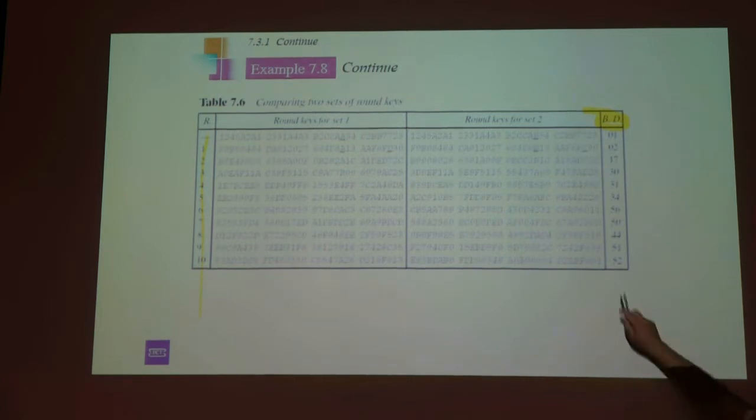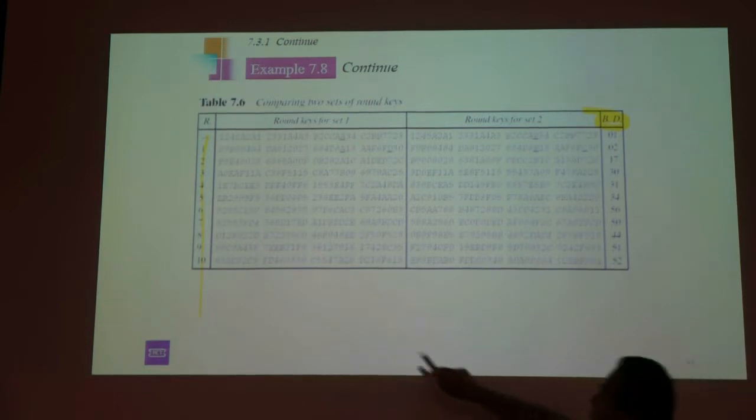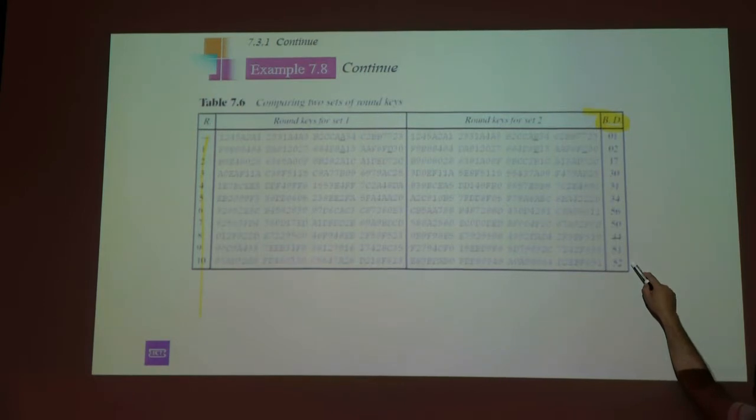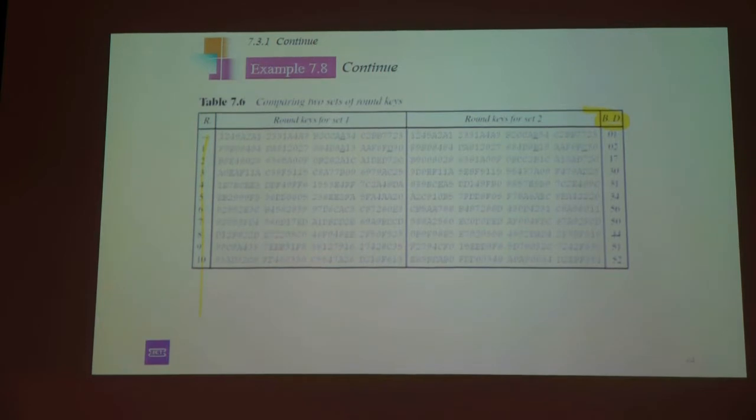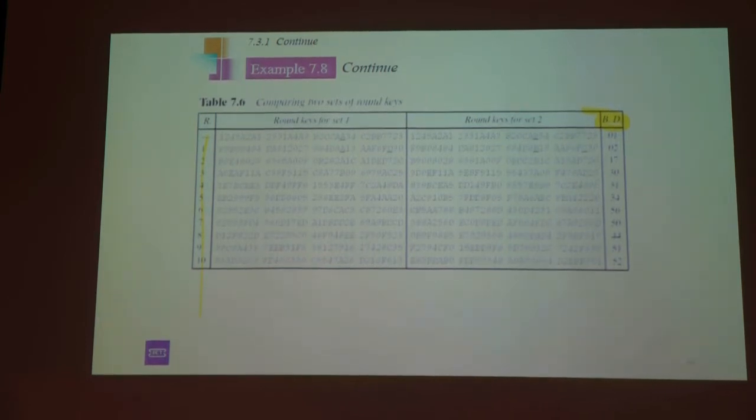You see how many bits are different just from changing 1 bit in the key. In round 10, how many bits are different? 52, 51, 44. So changing 1 bit completely changes the key. You have about 50 bits different on average, and that shows how good the algorithm is.